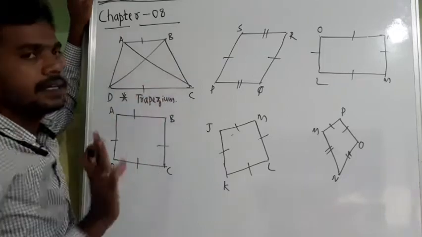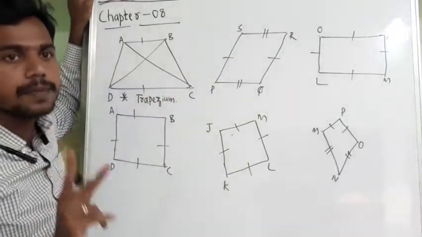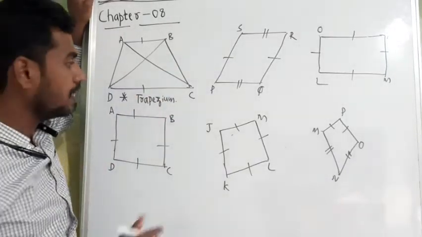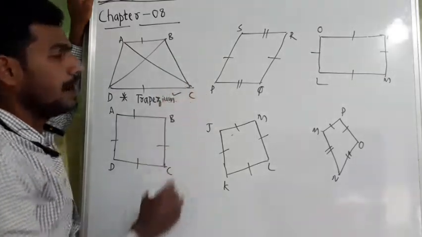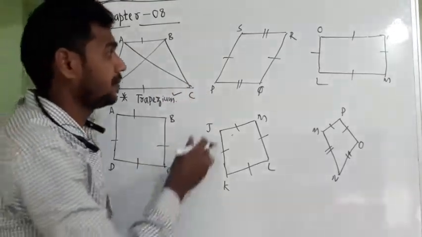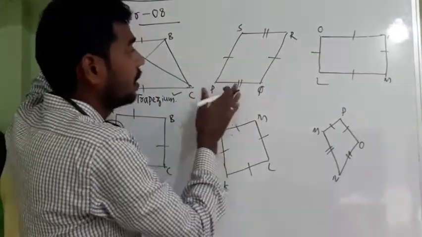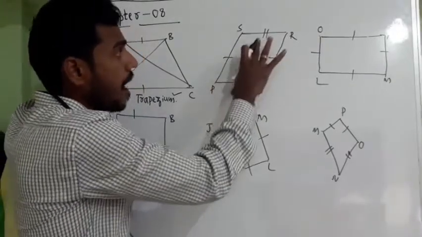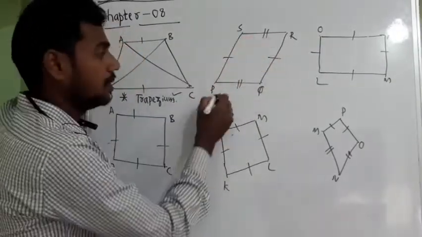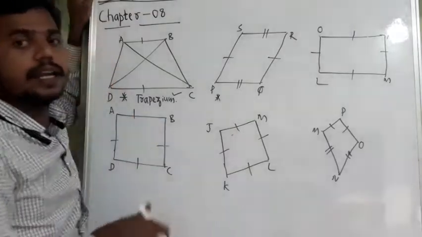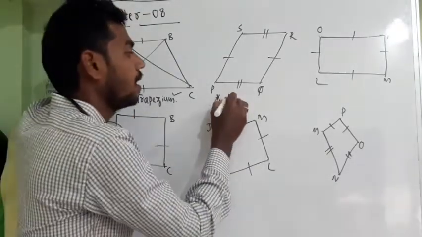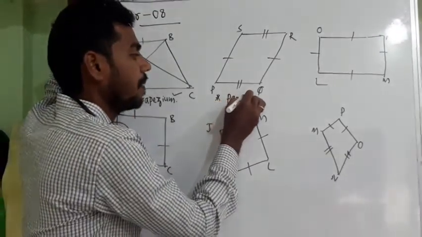Only one pair of sides is parallel. Such a quadrilateral we call a trapezium. Next, in this one, opposite sides are parallel and equal. We call it a parallelogram.